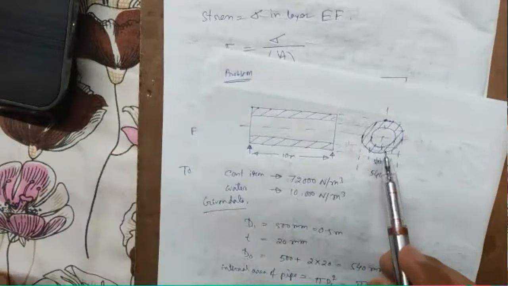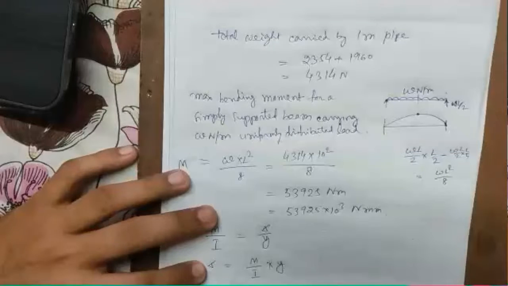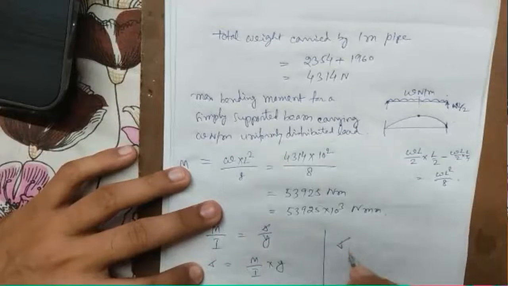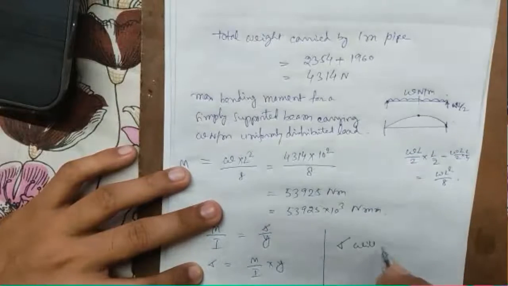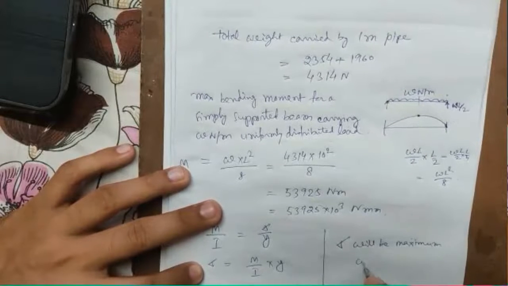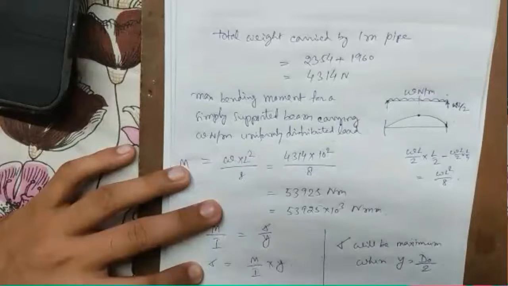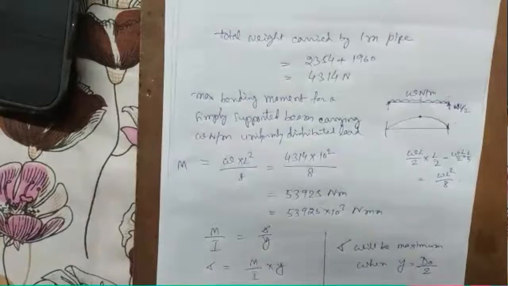So when y equals d outer by 2, only then sigma will be maximum. So this is our condition.